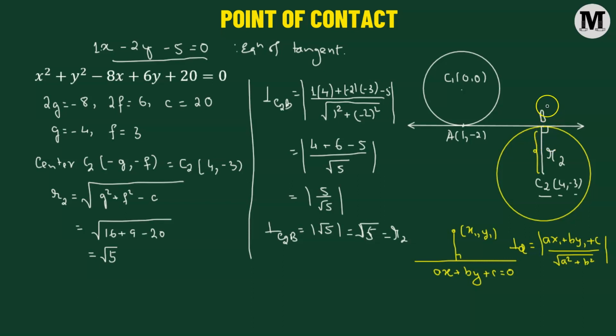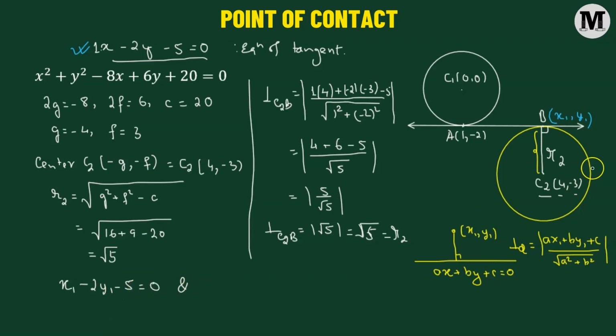Okay. Now our next goal will be to find out the point of contact B. We will assume that the point of contact is x1 comma y1. Now this particular point is lying on the tangent line, so we can replace x with x1 and y with y1 in the equation of the tangent. This gives us x1 minus 2y1 minus 5 equals 0.